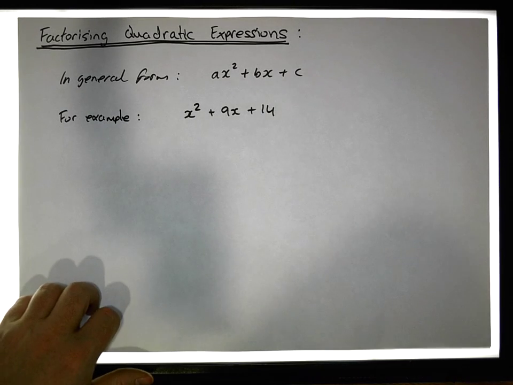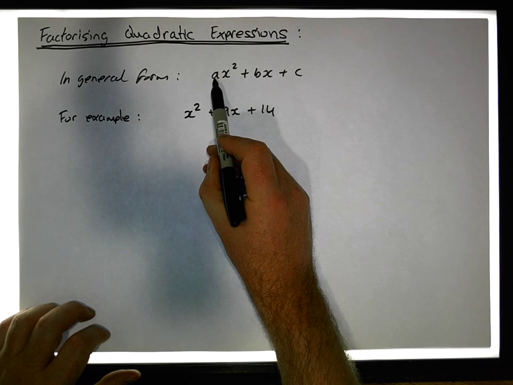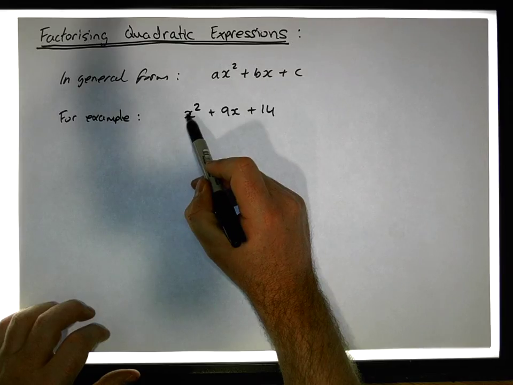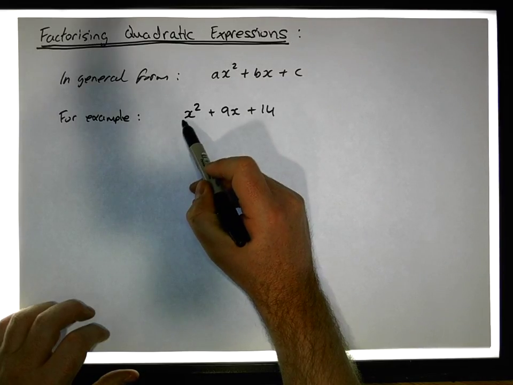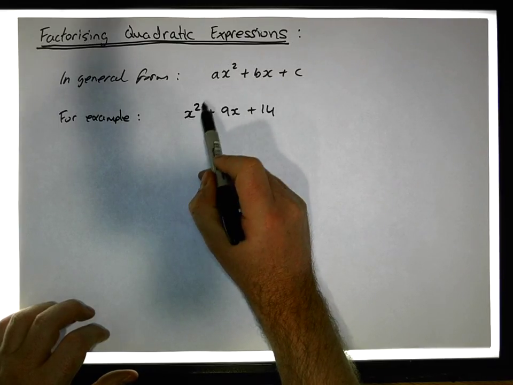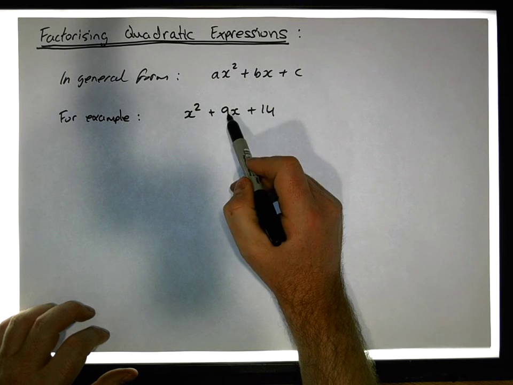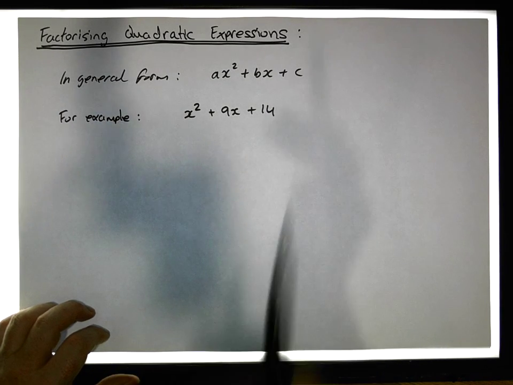In this case, the coefficient a is the number in front of the x squared term, which is 1. There's only one x squared here. The b is 9, and the c is 14.